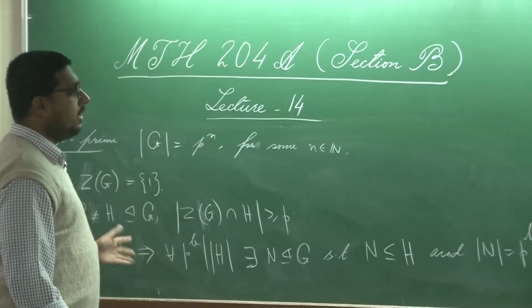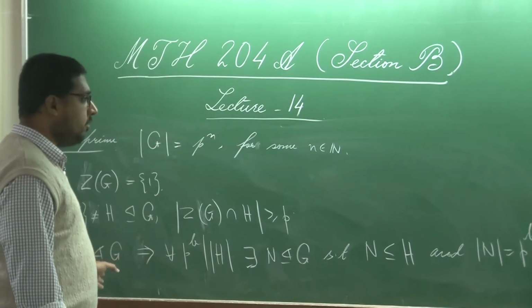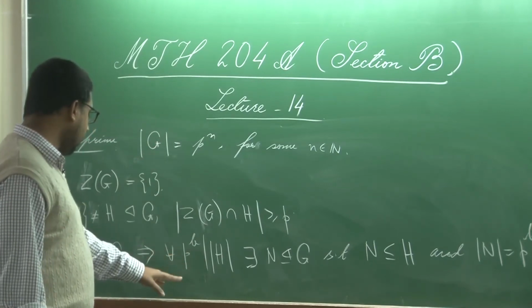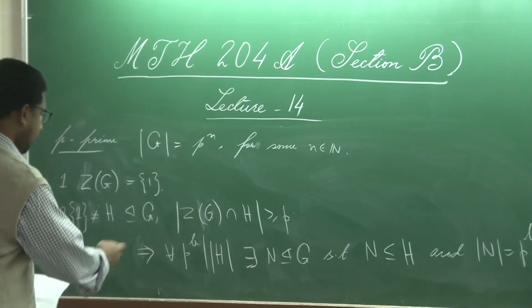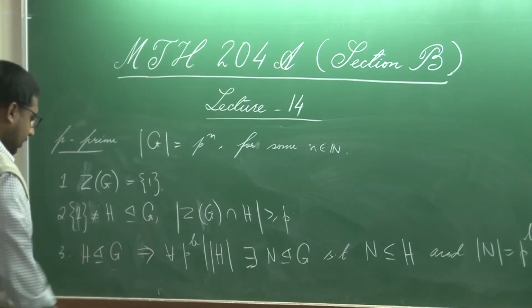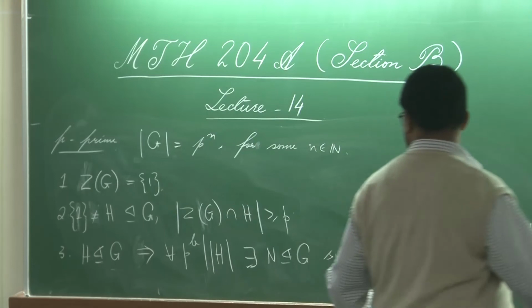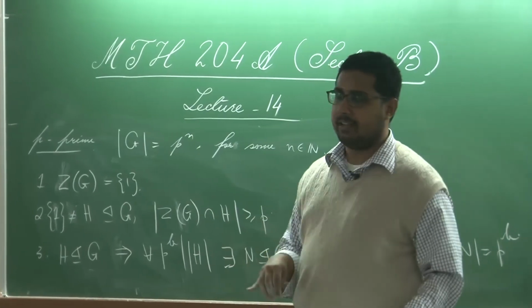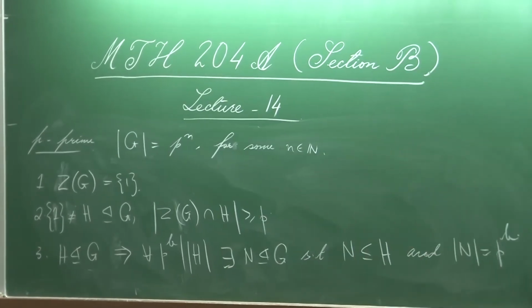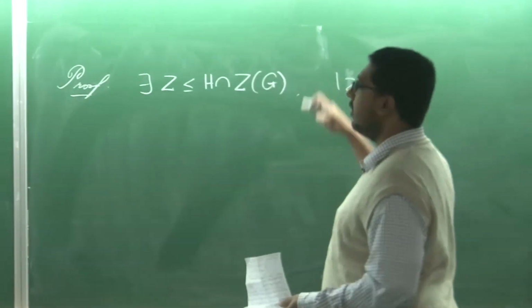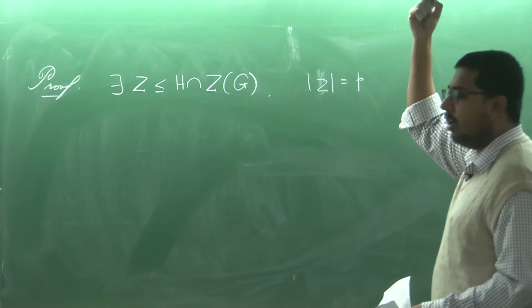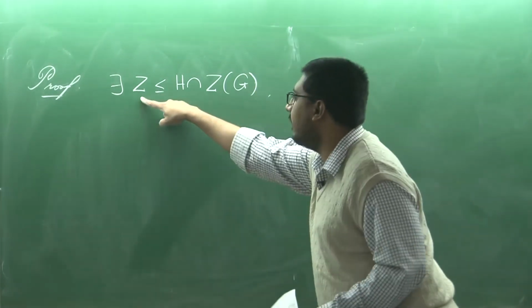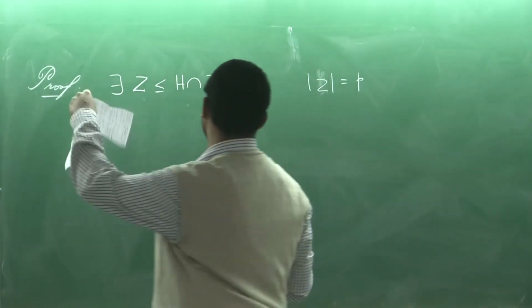This exists because if H is trivial, then there is nothing to do. If H is non-trivial, then it has order at least P. Therefore, certainly we can pick an element having order P from this, and take the cyclic subgroup generated by that element.